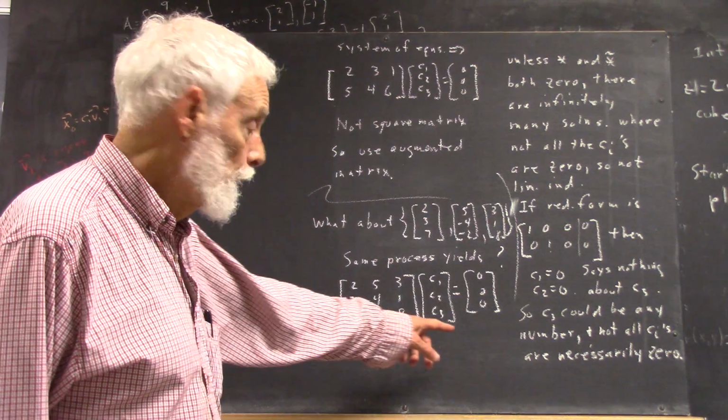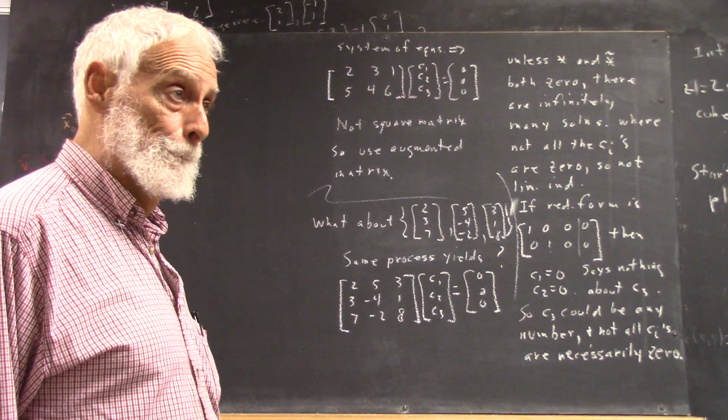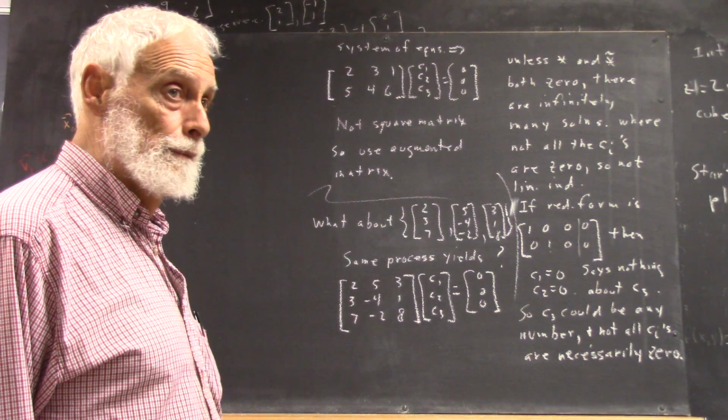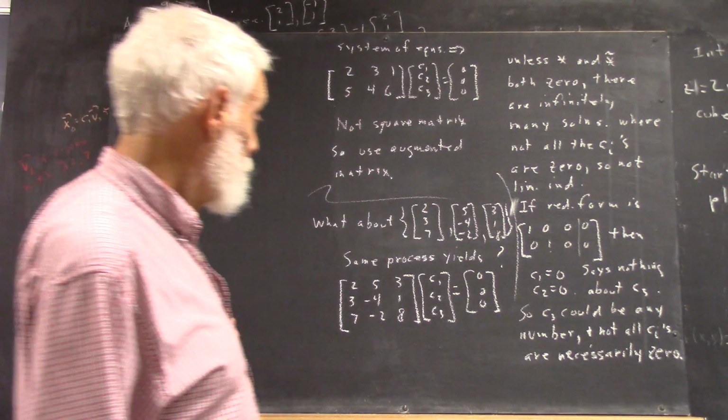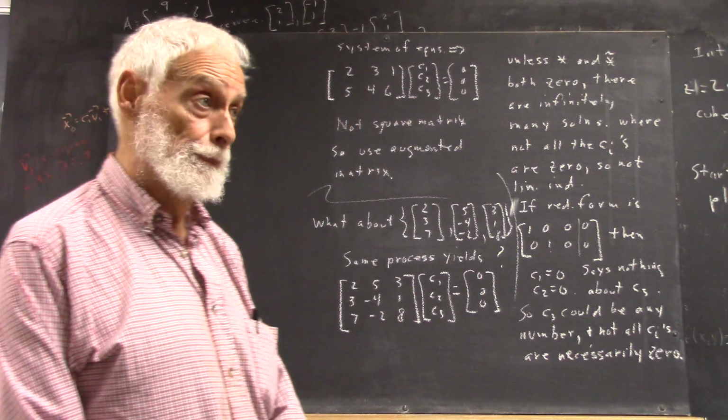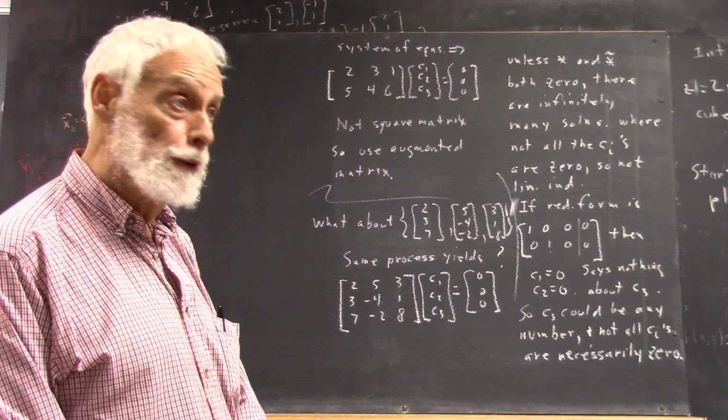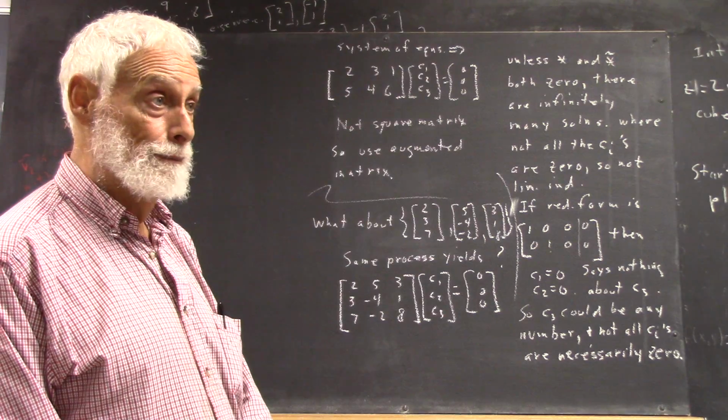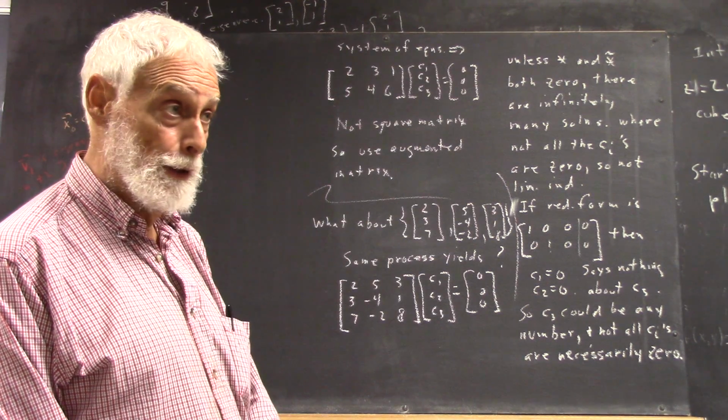So how will you solve this? Well, the easiest way to solve it is multiply both sides by the inverse matrix. Might not be the easiest, but invert the matrix, okay?